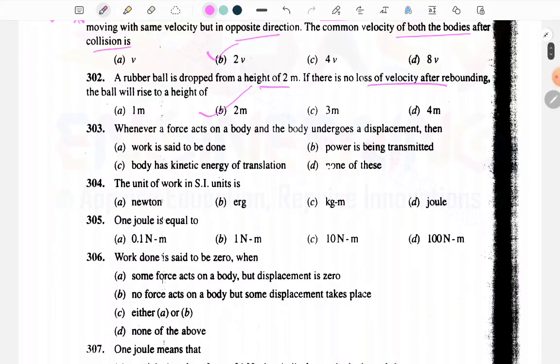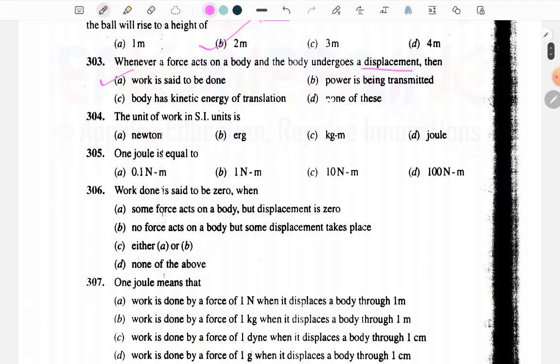Whenever a force acts on a body and the body undergoes a displacement, then work is said to be done. Correct? Yes. The unit of work in SI unit is joule. 1 joule is equal to 1 Newton meter.